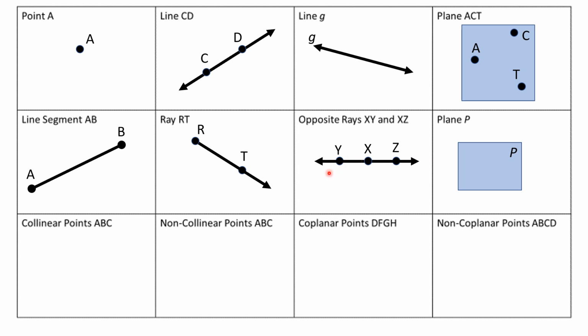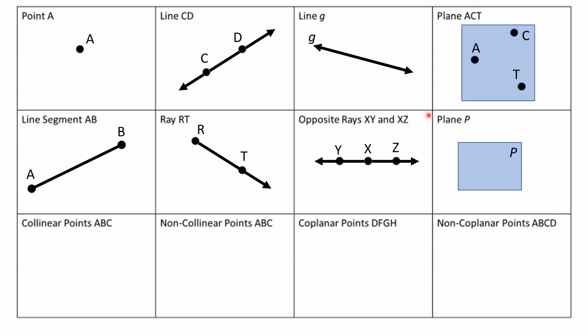Our opposite rays look just like a line, because most lines could be described as a set of opposite rays. CD could be a ray, or DC could be a ray. They're extending in opposite directions, making the line CD. We have the same thing here.